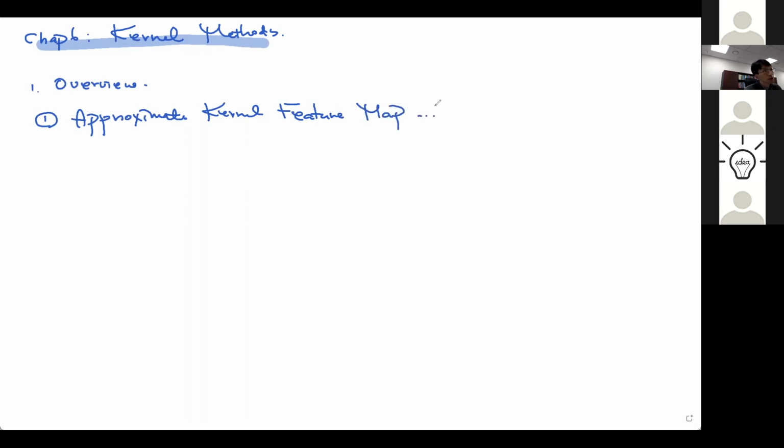I don't know whether this is exactly the word that is often used here, but it may be. And then there's some keywords that you might encounter quite often: random Fourier feature.